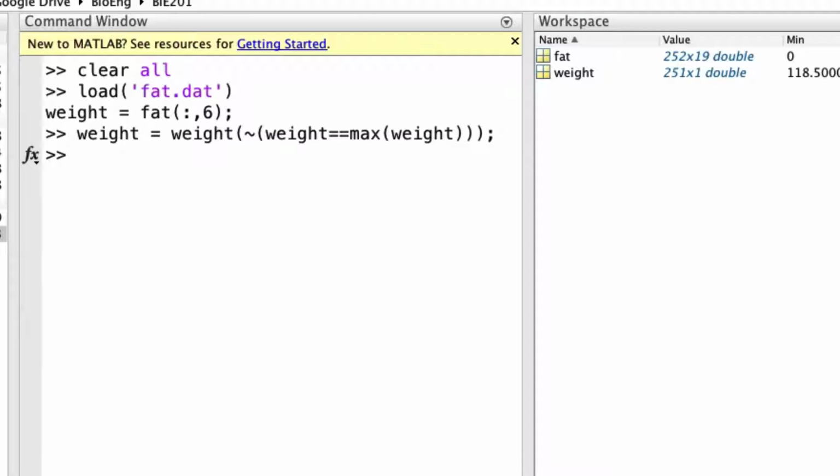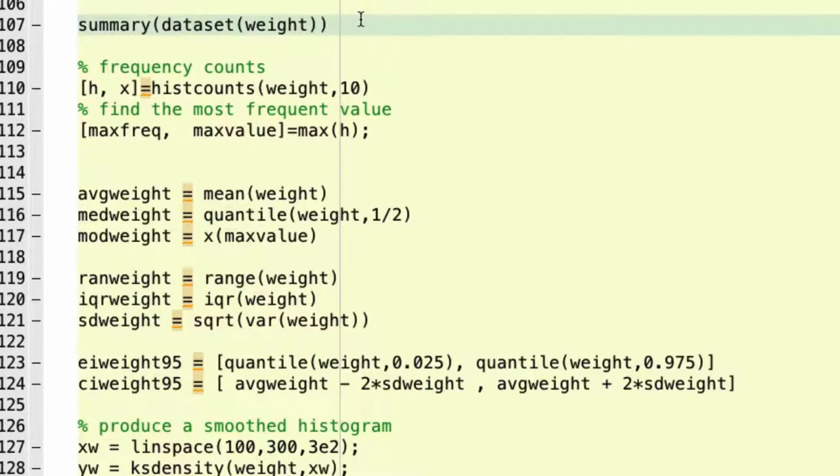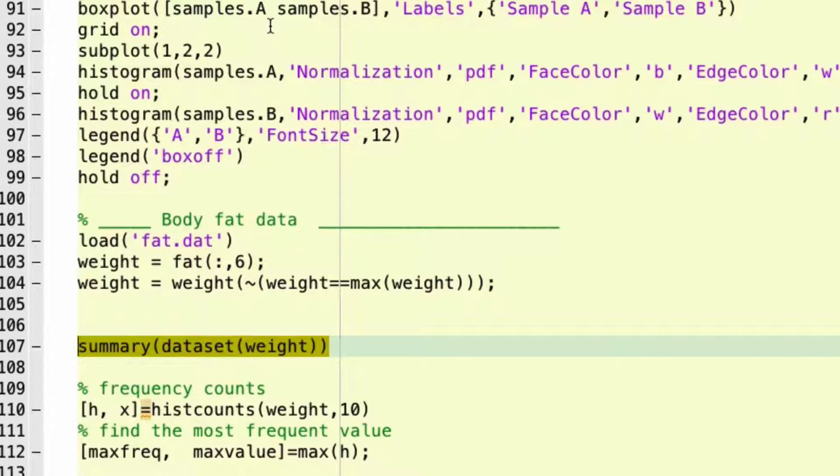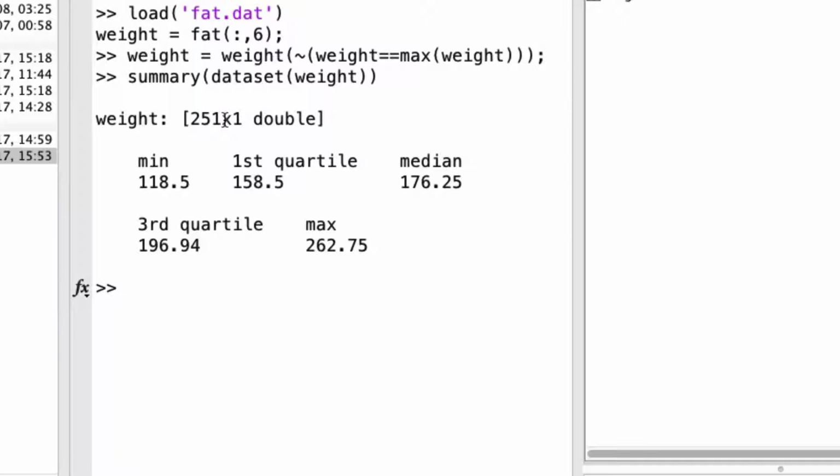One quick way of calculating numerical summaries is to use the summary function in MATLAB. To use it, we need to say that the variable we're interested in is a data set. This function gives us the length of the data, the range, so the minimum and the maximum, and can calculate the quartiles.